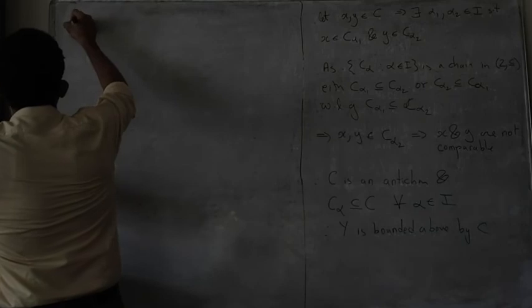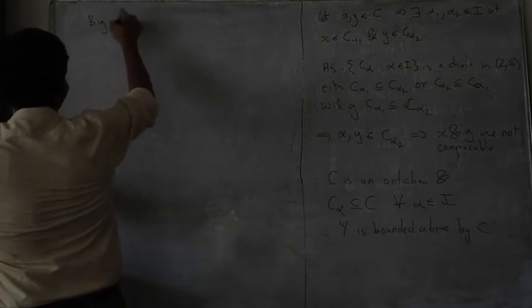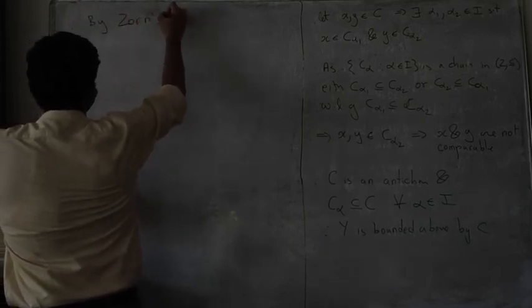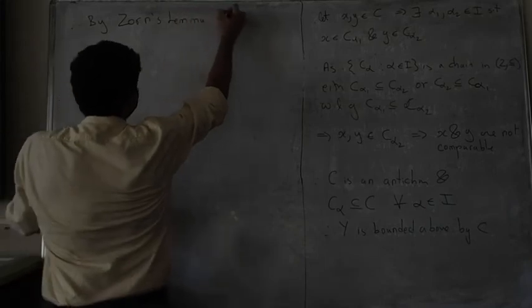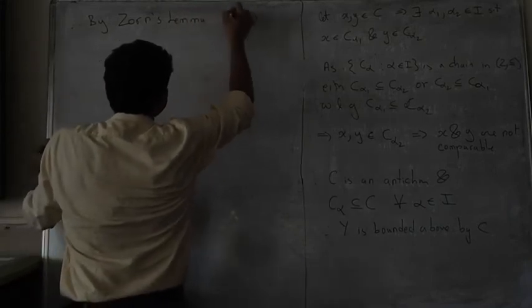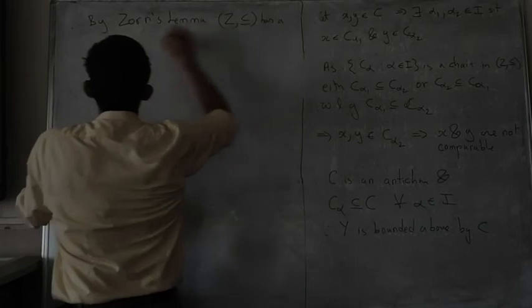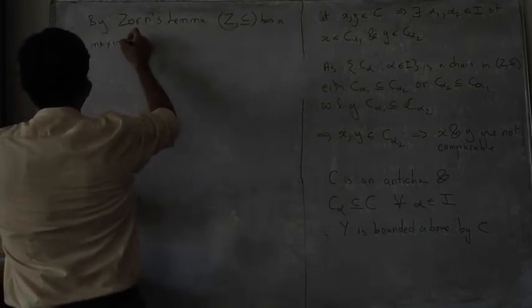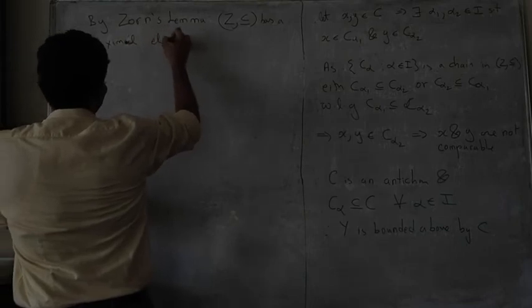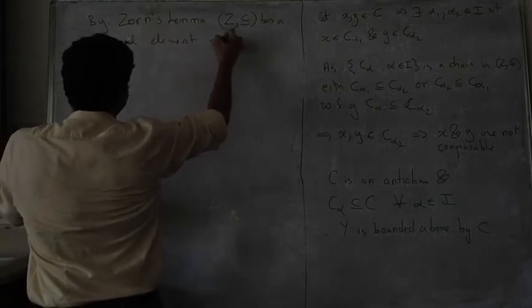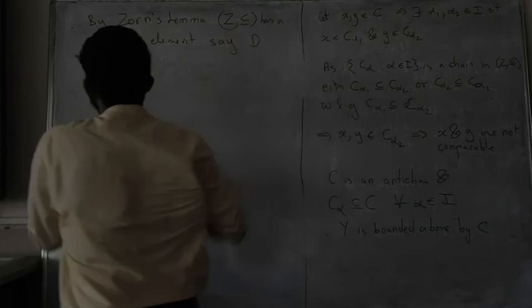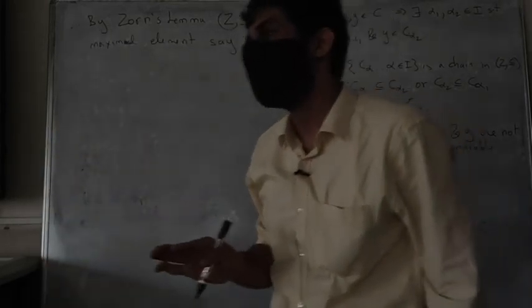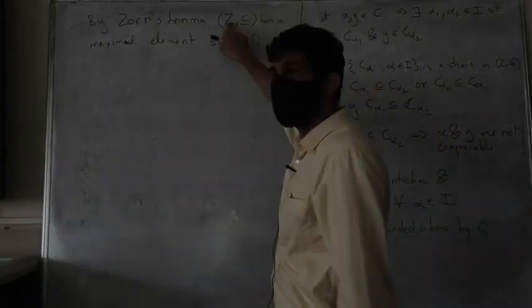Therefore, by Zorn's lemma, Z with containment has a maximal element. Let us call that maximal element D. So D is a maximal element here, right?